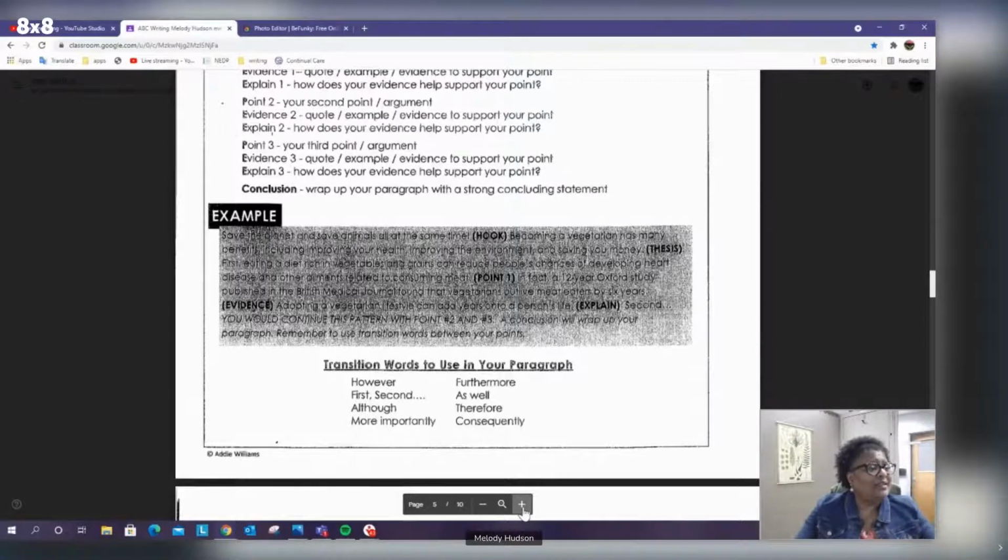Point one. In fact, a 12-year-old Oxford study published in the British Medical Journal found that vegetarians outlive meat eaters by 6 years. Evidence? Okay, that's PE. Adopting a vegetarian lifestyle can add years to a person's life. And explain.